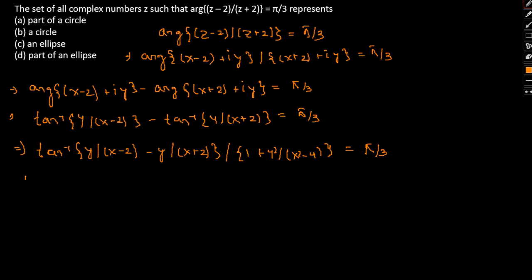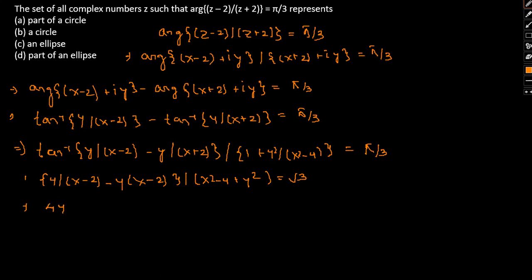Which can be further written as, if I take tan on both sides, so this will simply give us [y by (x minus 2) minus y by (x plus 2)] divided by [1 plus y squared by (x squared minus 4)], which simplifies to 4y by (x squared minus 4 plus y squared) equal to root 3.